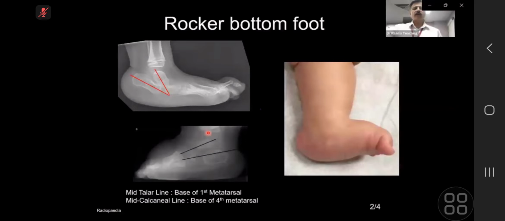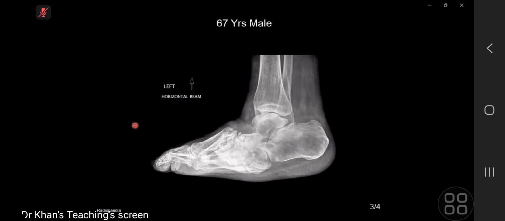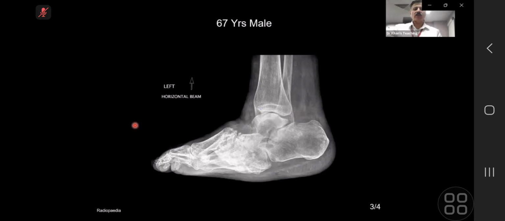So rocker bottom foot can also be seen in acquired conditions. You just name this. What is this? Candidate 16, question for you. This is a 7-year-old, and this is rocker bottom foot as an acquired condition. What is it?